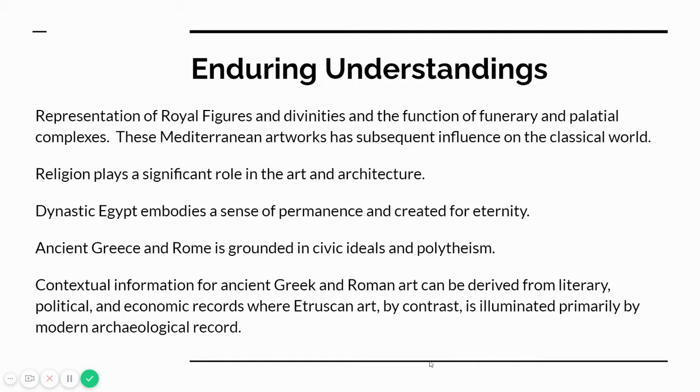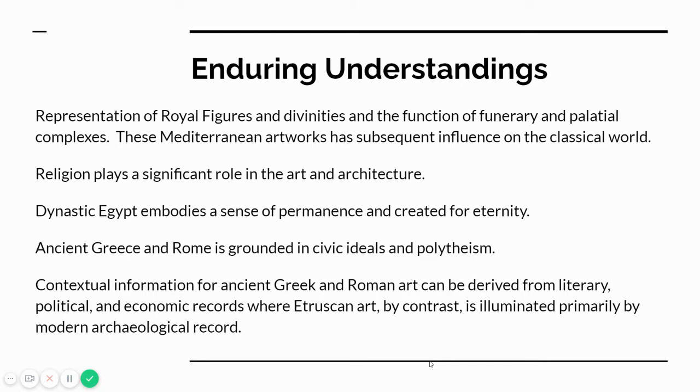We're going to look mostly at dynastic Egypt and how it embodies a sense of permanence, and most of the things are created with the intention of moving into the afterlife.